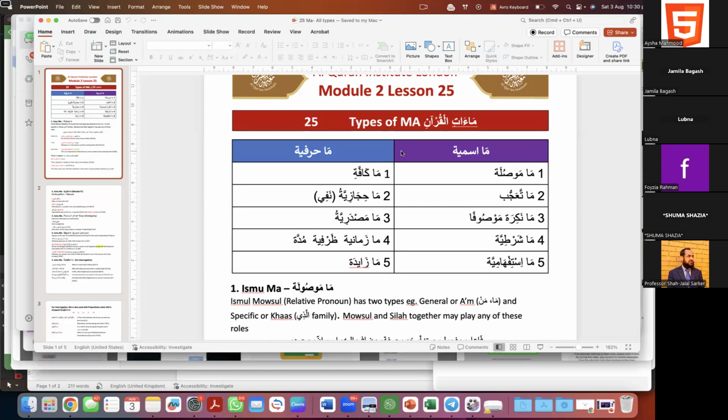You can see from the screen that we have two types of ma: one is called ma ismiya, and one is called ma harfiya. There are 5 types of ma ismiya, and 5 types of ma harfiya. I'll read it once, and I would like you to repeat it with me so that the names become familiar to your brain, inshallah.